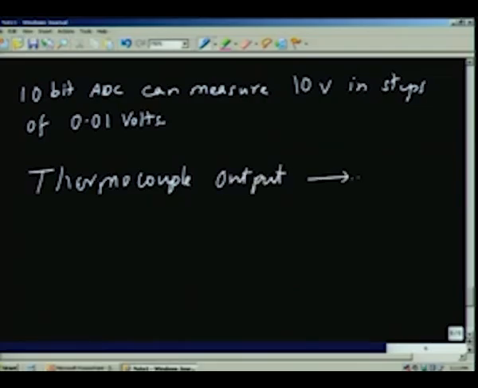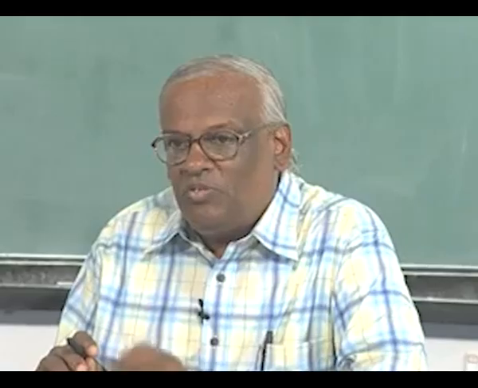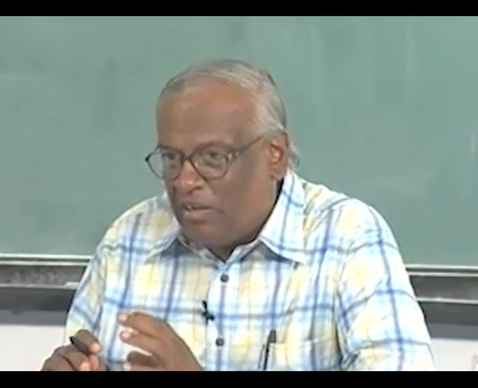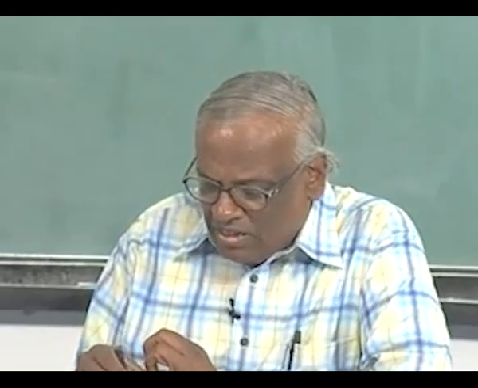We know already that for a thermocouple normally it is about 40 microvolts per degree Celsius. Okay. So, if I want to resolve 1 degree Celsius, I need to sense 40 microvolts.